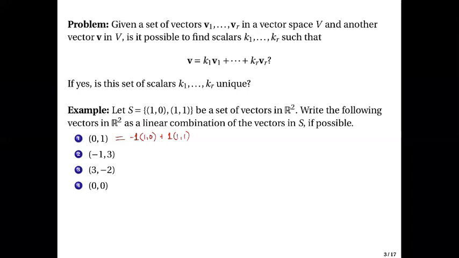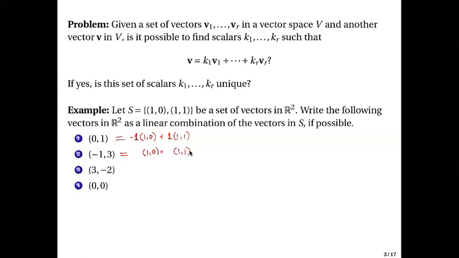Okay? For the second vector here, we have (-1, 3). Now, if we are going to look at the vectors (1, 0) plus something times (1, 1), if we look at this vector, whatever scalar we multiply, the second component is always 0. So if you add this vector with this vector, the second component here does not contribute to anything.